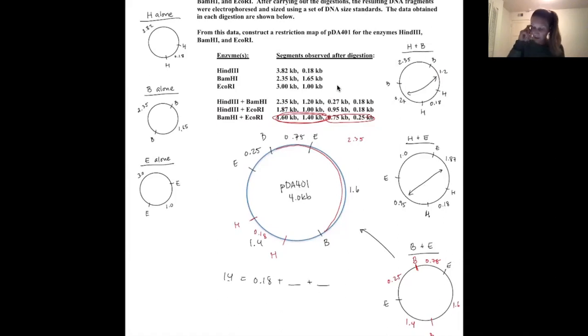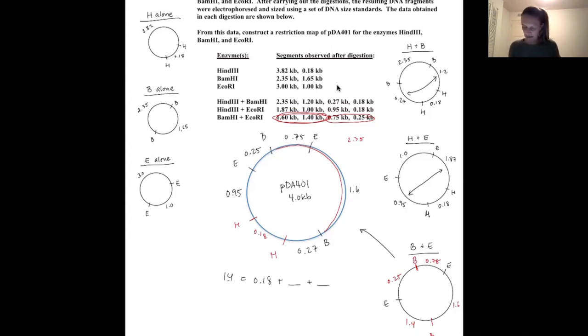And if you look at that, this now can be our 0.27 and our 0.95, all right? And the beauty of plasmid mapping is that you can always go back and check all of your work, all right? And so again, I would never give you something this difficult on a test, never in a million years. So don't expect that. But I did want to walk you through kind of my logic.